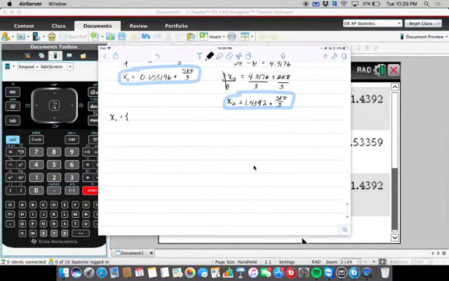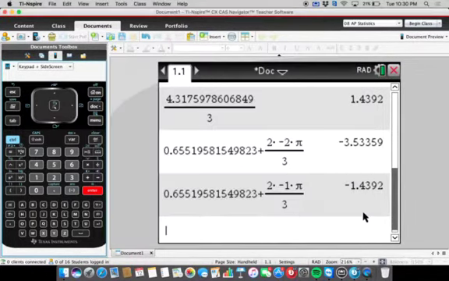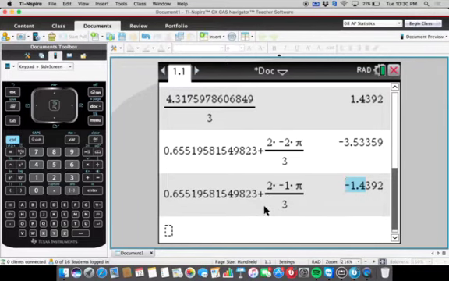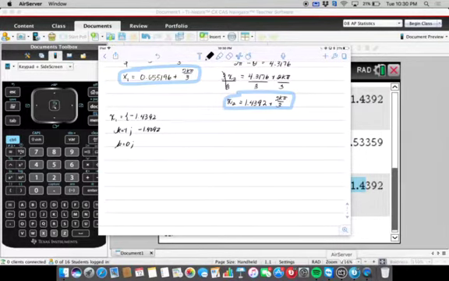So the first solution that we have, when k is equal to negative 1, is negative 1.4392. We'll write that down. When k is equal to 0, all of this is 0, so the answer that we got, 0.655196, is going to be a solution as well.